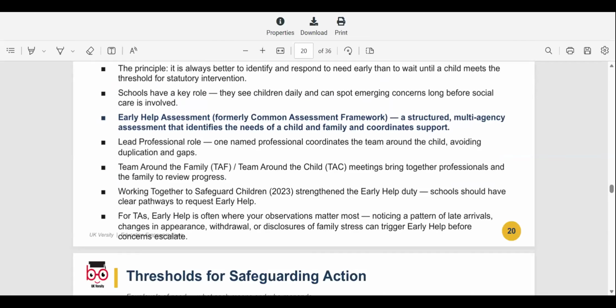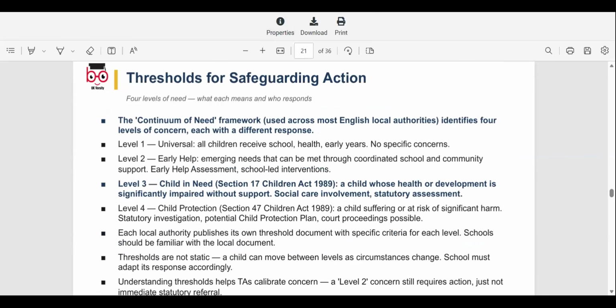It's difficult sometimes, working with children, but you need to look for patterns of the child being late, mental health issues, not having eaten, poverty, or housing instability. These need to be identified beforehand.